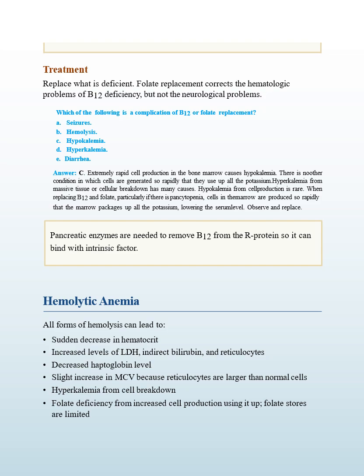Hyperkalemia from massive tissue or cellular breakdown has many causes, but hypokalemia from cell production is rare. So when you replace B12 or folate, particularly if there is pancytopenia, cells in the marrow are produced so rapidly that the bone marrow packs in potassium and lowers the potassium level. So you need to observe and replace.